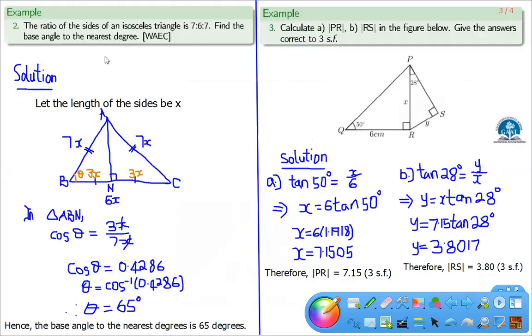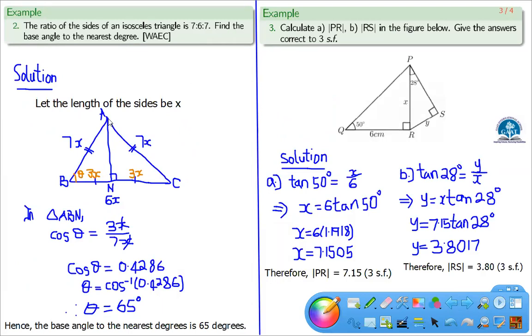Now here is the solution to example 2. I start by representing the length of the sides with x. Since the ratio is given as 7:6:7, length AB is 7 times x, length AC is 7 times x, while length BC is 6x.